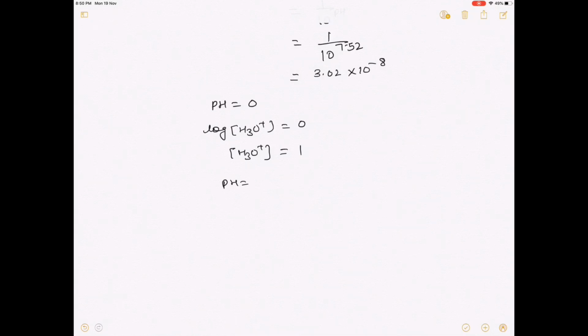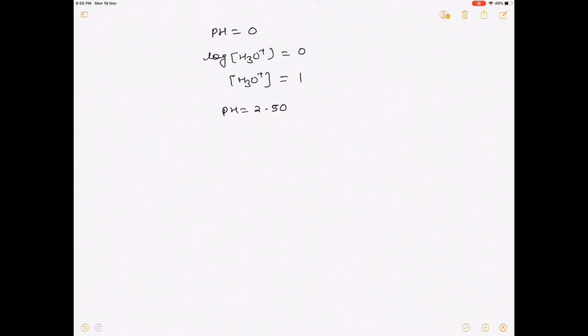Now if pH is 2.50, I am just writing it directly because I hope till now you have understood the things. This will come as minus 3.